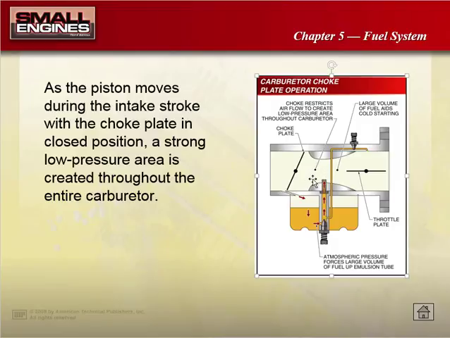So by making this lower pressure area, I'm allowing more fuel to get up into the carburetor or the throat, and I'm allowing me to start my engine easier. So a lot of times we'll close our choke on a cold start to make sure that our engine starts up strong.